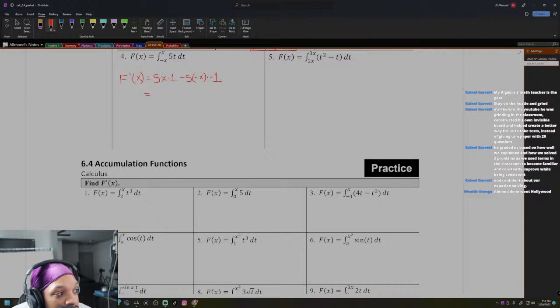So this first term becomes 5x. Now we've got minus 5 times negative x times negative 1. So that's a positive 5x.